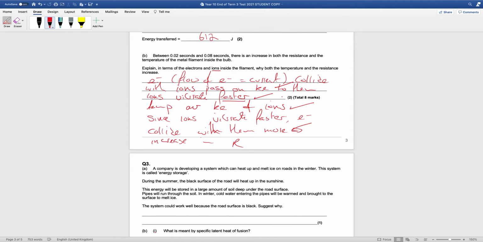You need 2 of them. You need 1 of them on resistance because you're asked to explain both, and 1 of them on the rise in temperature. So you're going to have this bit plus 1 of these 3.